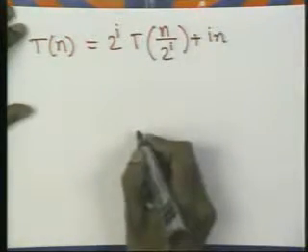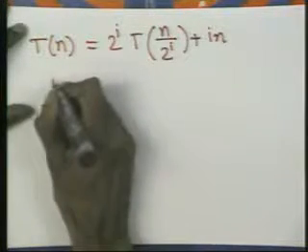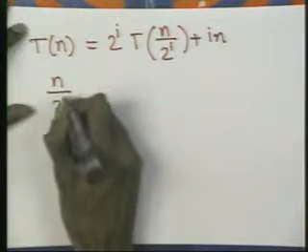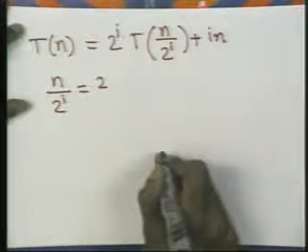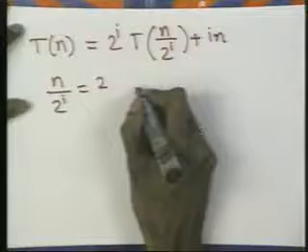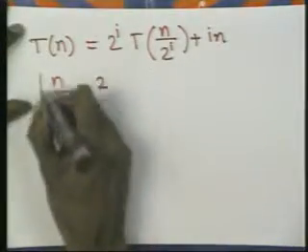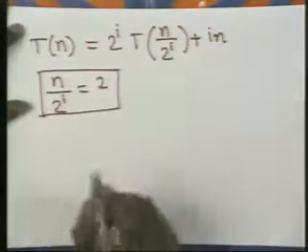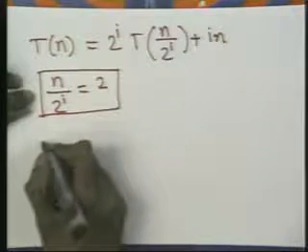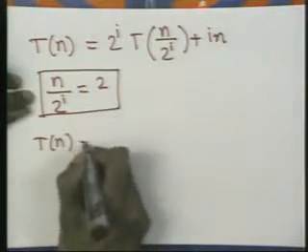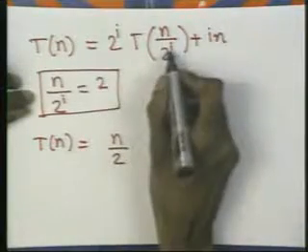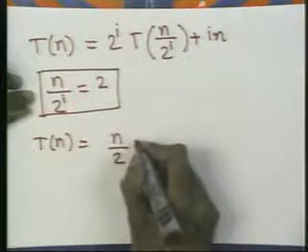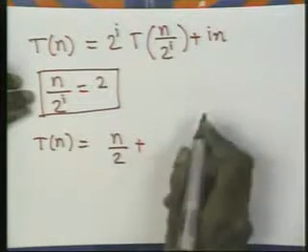Now I know T(2) is 1, so I will let n by 2 to the i be 2. So then what do I get? If I choose an i so that this is true, then T(n) is, well, 2 to the i is n by 2, times T(2), which is 1, plus i times n.